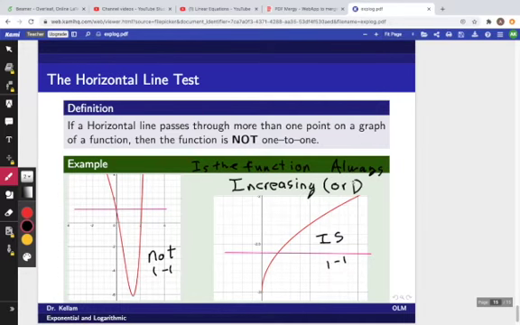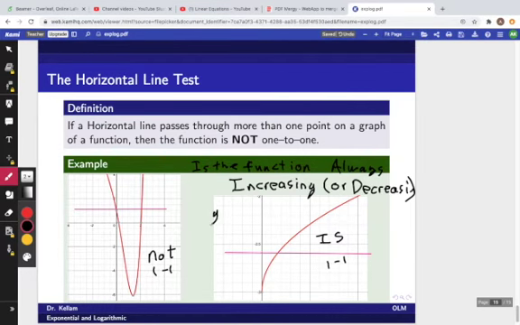Or decreasing? If the answer is yes, it is always increasing, like this graph is, then it is one-to-one.